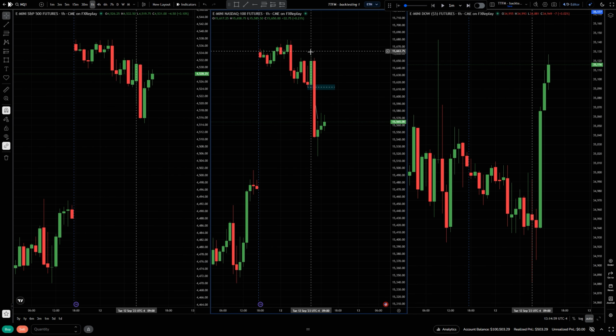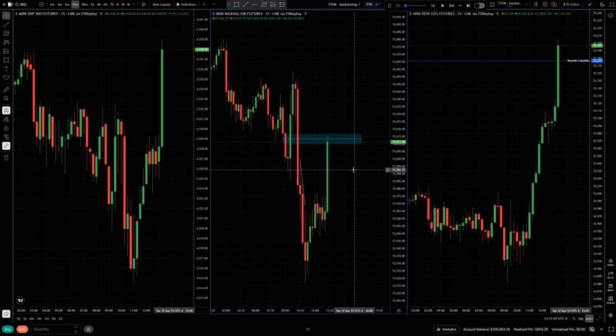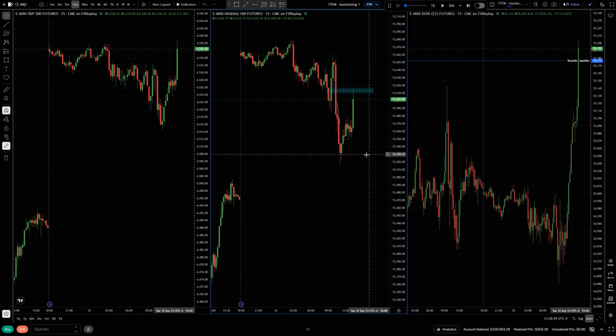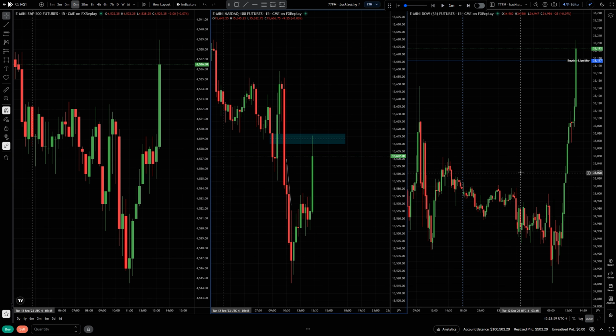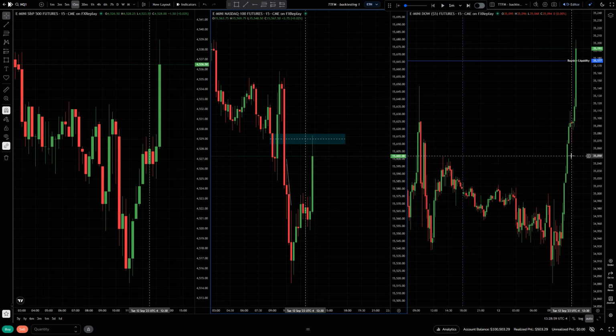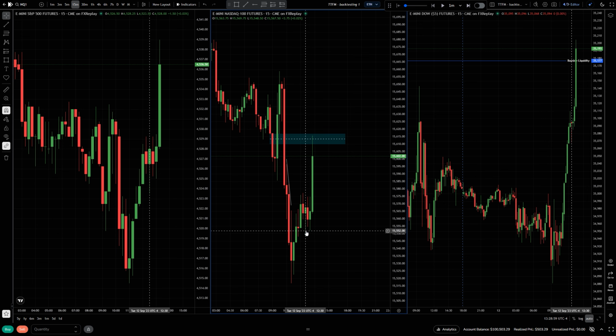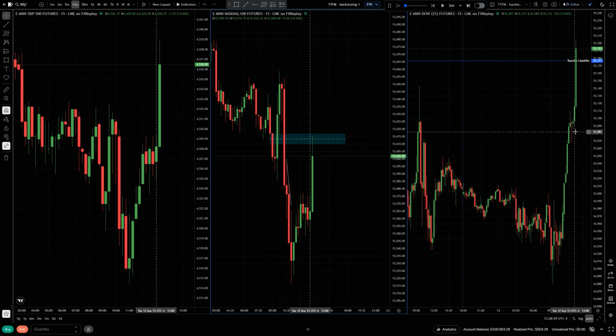Otherwise, I'm probably not going to take this trade because NQ expanded a lot to the downside, and right now it looks like it's just consolidating. I don't see how I could get involved with this. Maybe here, where we had just this PSP and fill.